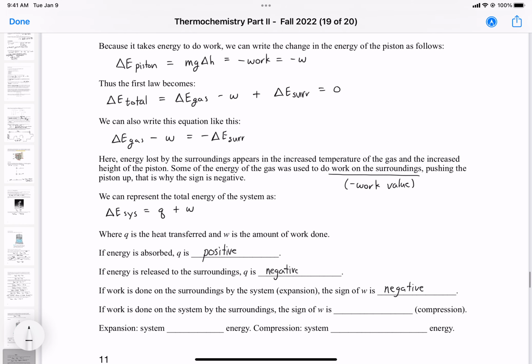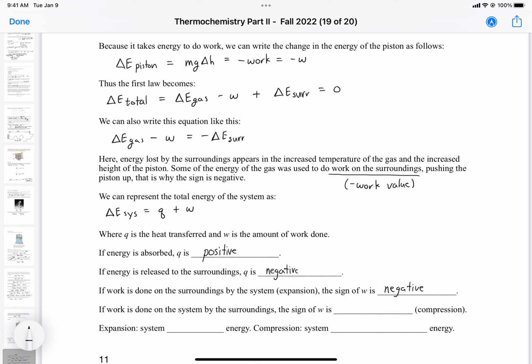Okay. Now, if we compress a system, work is done on the system by the surroundings. So in this case, we're adding energy into the system by compressing the gas molecules, right? Or it doesn't have to be gas molecules, but any system. For example, if we have a gas and we compress it, we're increasing the pressure by decreasing the volume.